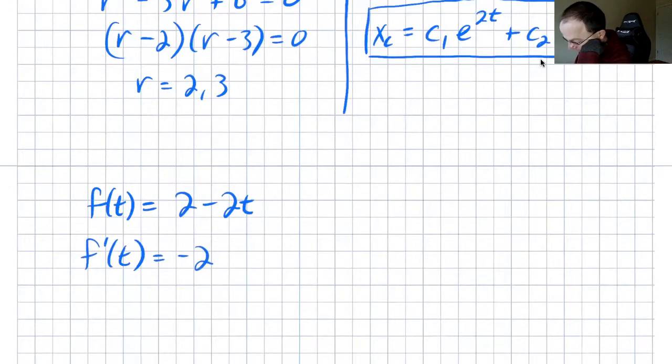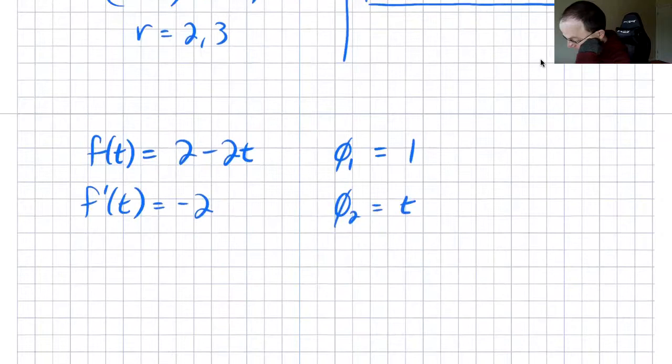And now I can pretty much see that all the terms that we need are going to be 1 and t. Here we have 2 times 1, and then this is negative 2 times t. So we get the 1 and the t. And then here we just have negative 2 times 1, and so that's the 1 there. So we already have that. So there's our functions that we want.